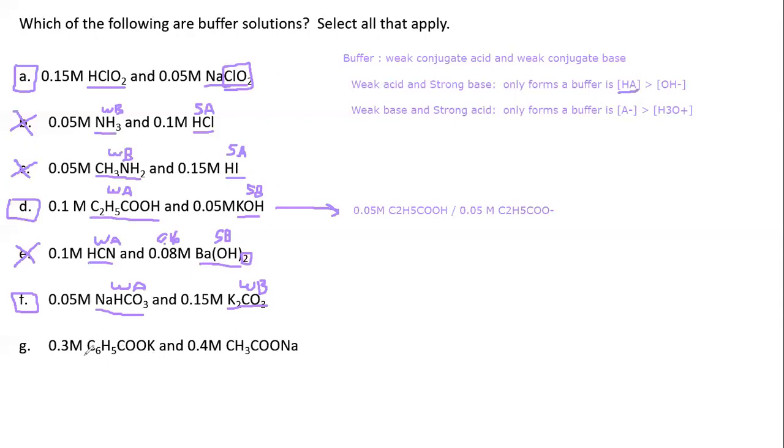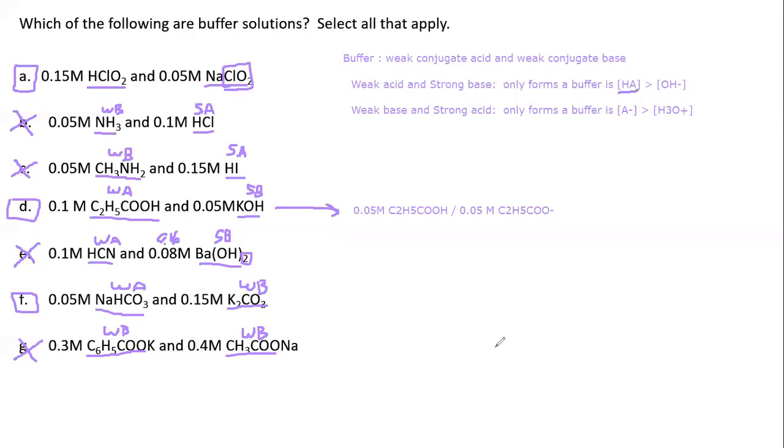And lastly, we have potassium benzoate and sodium acetate. Potassium benzoate is a weak base. Sodium acetate, acetate is a weak base. So since you have 2 weak bases, this would not form a buffer.